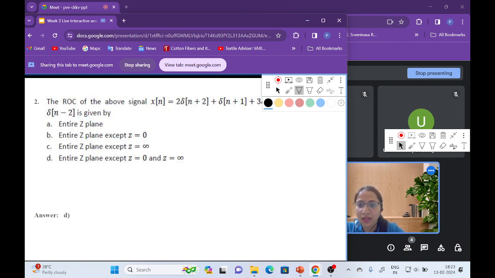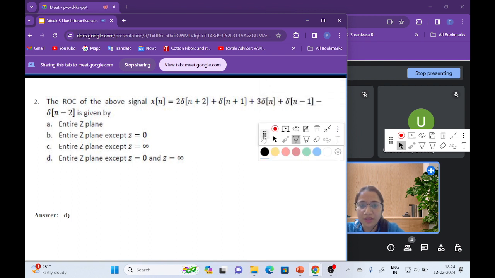The next question: the ROC of the above signal, which we have discussed in the first question. x of n is equal to 2 del n plus 2 plus del n plus 1 plus 3 del of n plus 3 del n minus 1 minus del n minus 2. Have you seen the properties of the ROC?